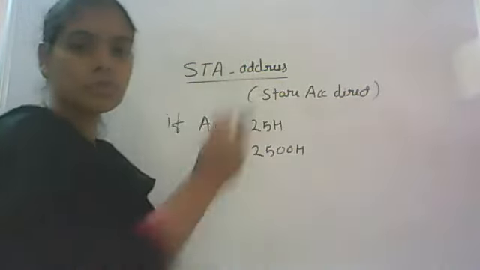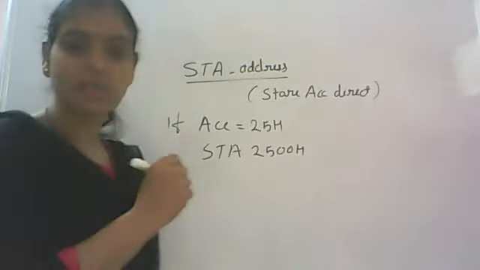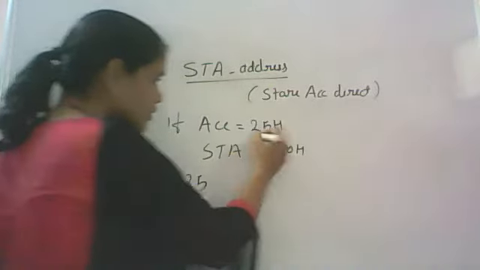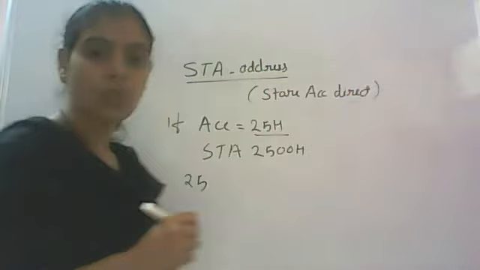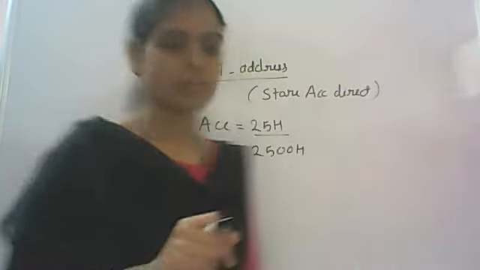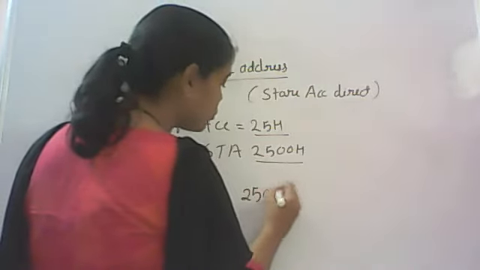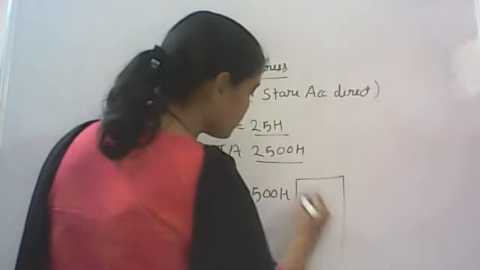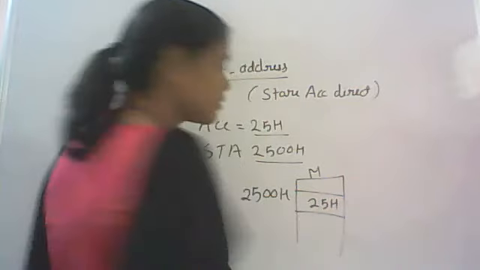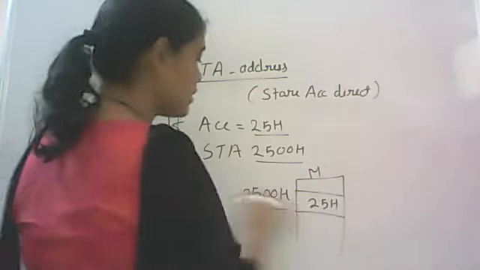After executing this instruction, it will copy 25 into the memory location 2500 hex. So after execution, memory location 2500 hex stores 25 hex.